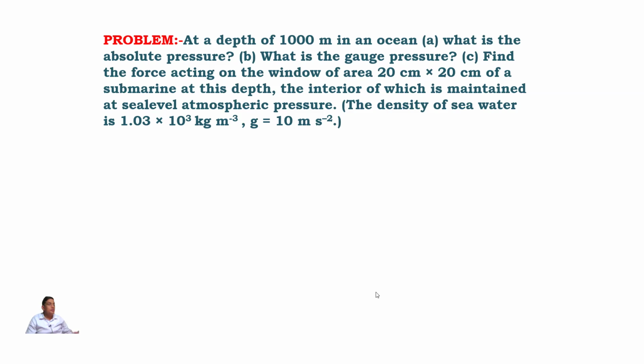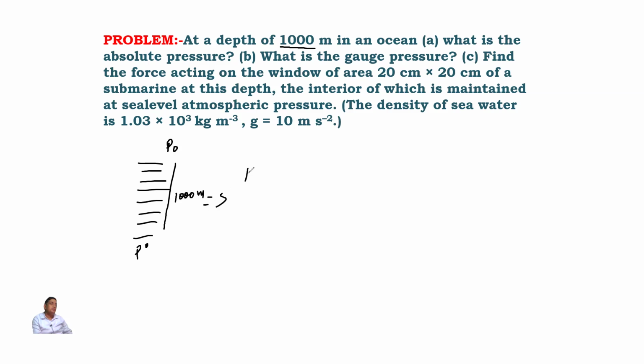Now this question is about the ocean at 1000 meter depth: what is the absolute pressure? If it is at 1000 meter depth, there is pressure P naught at the top and pressure P at the bottom.